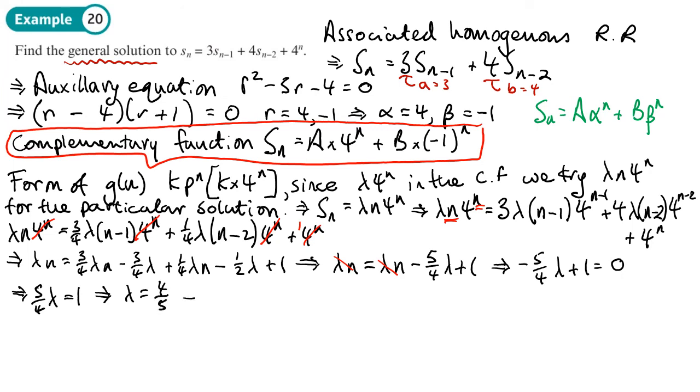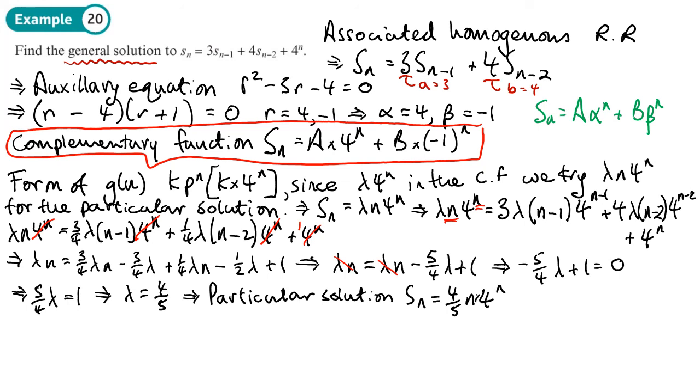So now we have our particular solution as lambda n times 4 to the power n, which is 4/5 n times 4 to the power n.